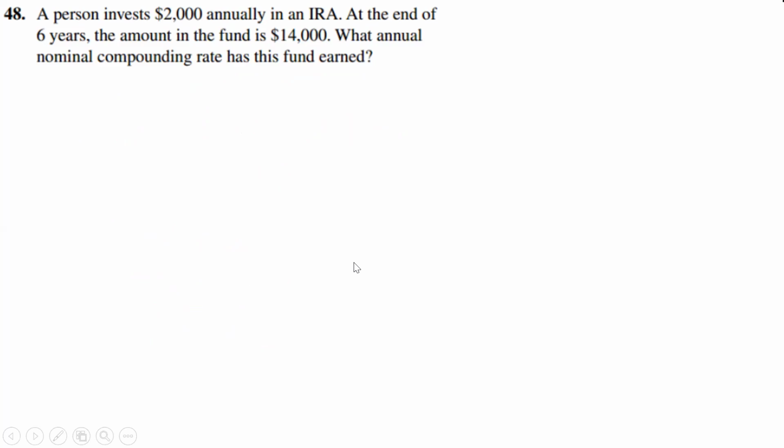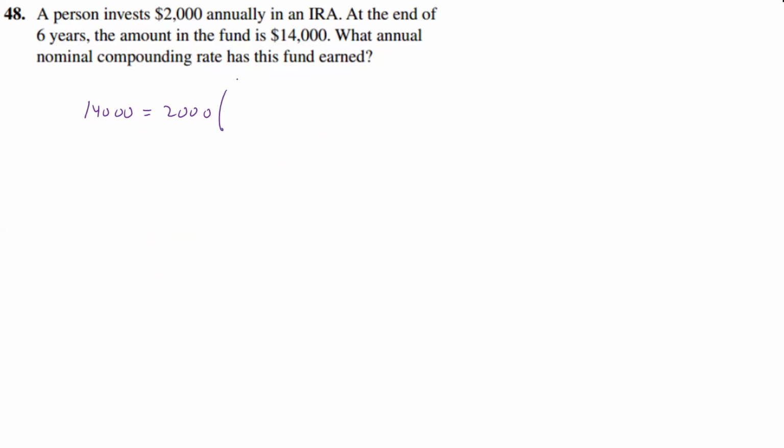All right, so let's do another one here real quick. A person invests $2,000 annually in an IRA. At the end of 6 years, the amount in the fund is 14,000. What annual nominal compounding rate has this fund earned? All right, so we know that the future value is going to be 14,000, and we plugged in $2,000 a year.